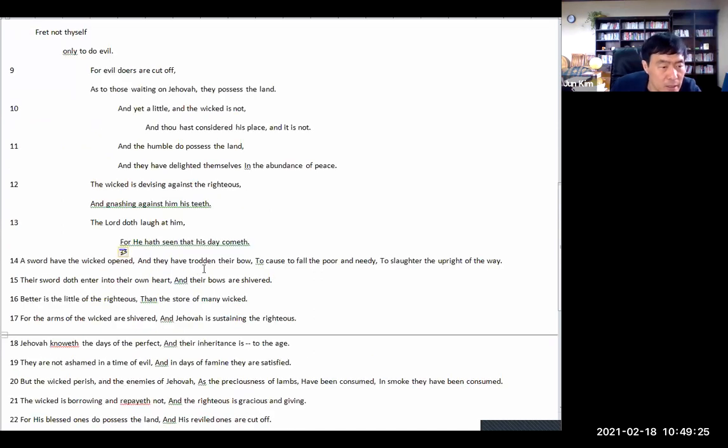What about this? A sword have the wicked opened. So what about verse 14? The wicked is devising against the righteous and gnashing his teeth against him.